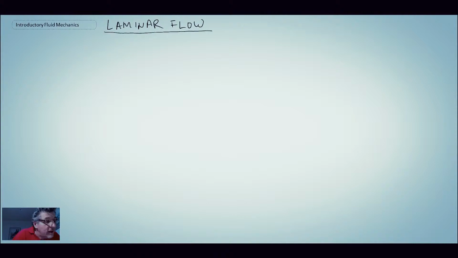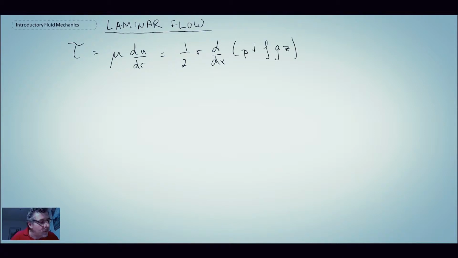So writing out the equation that we had, tau, and I'm going to make a substitution here of du by dr, the definition of the shear stress. Okay, so we have this equation.